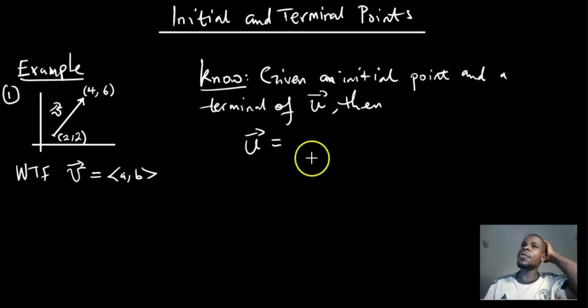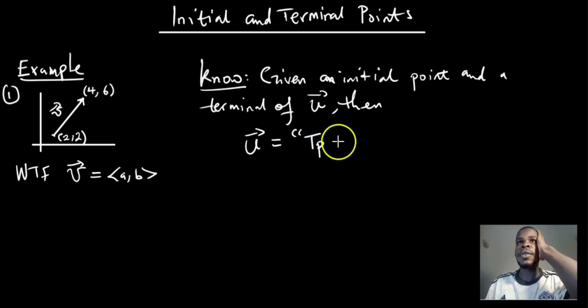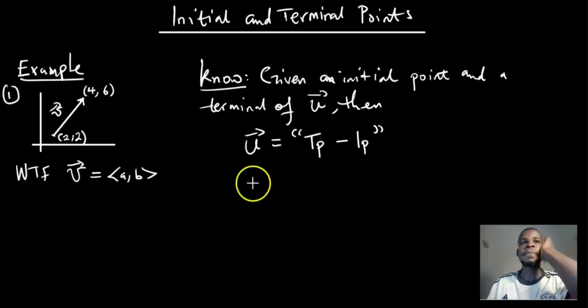It's not really the difference, so to say, but in quotes, we can think about it as a difference: terminal point, TP, minus initial point, IN. If we take this difference, we should get the vector itself.